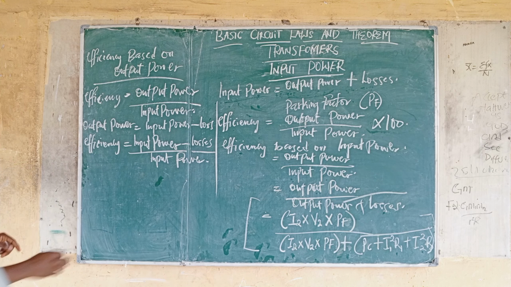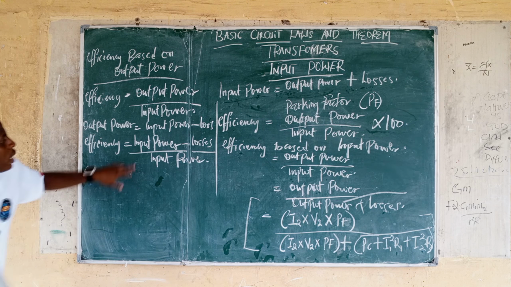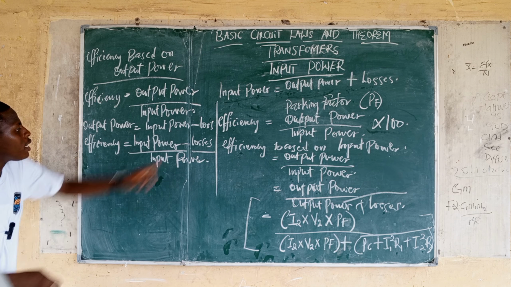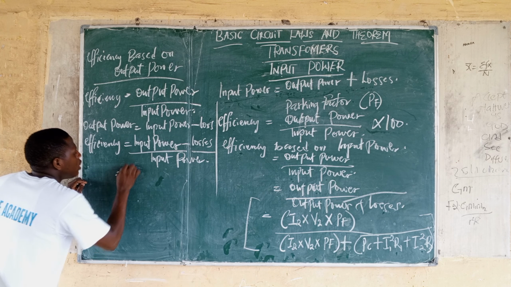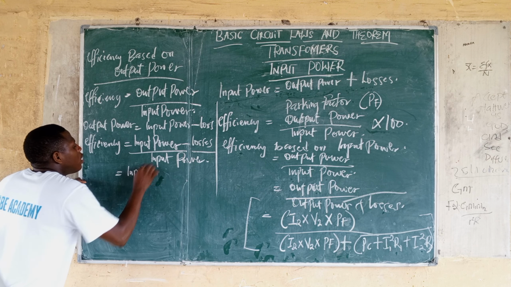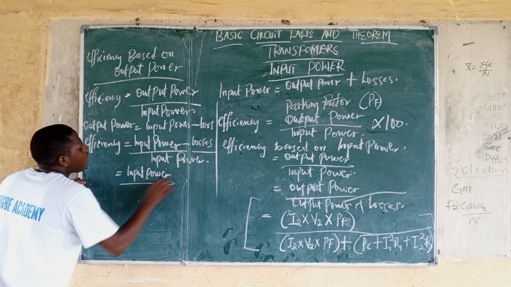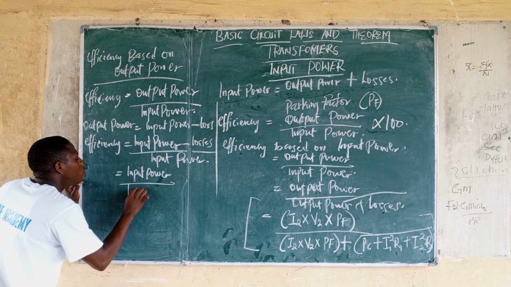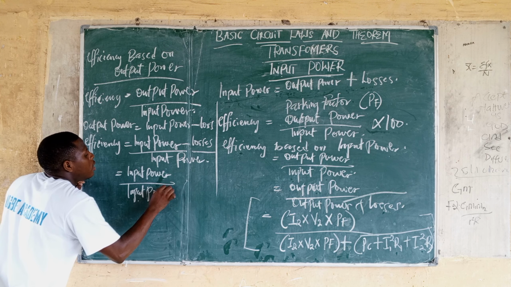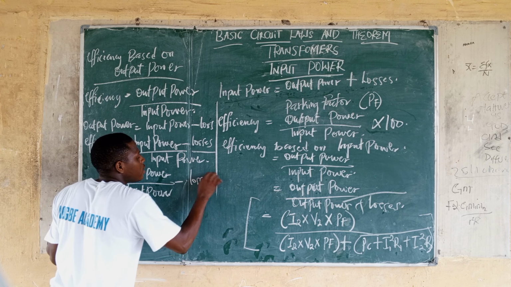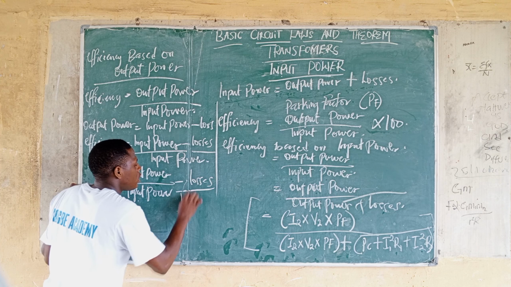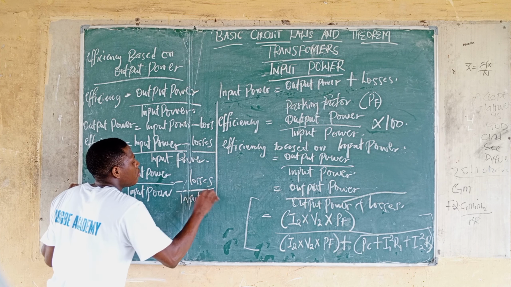If you do that, we can still break down this equation. Now breaking it down, we can rewrite this equation as input power divided by input power, minus losses divided by input power.